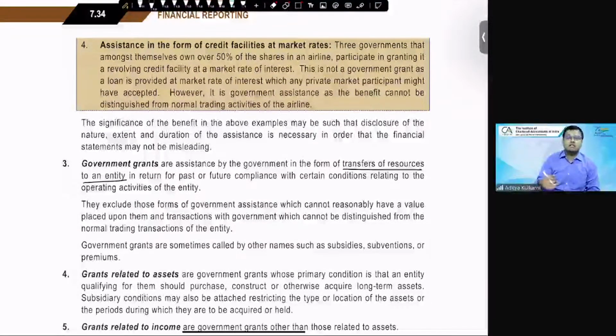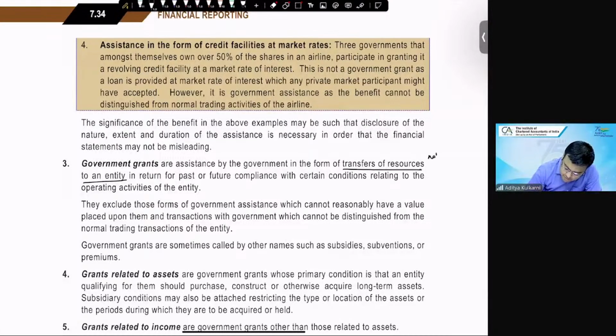The money was transferred to the Provident Fund accounts of those persons who were on the payrolls of the entities. As we all know, everybody had suffered because of COVID-19. So therefore, the government had stepped forward. So this was a case of a government grant. So it involves a transfer of resources.